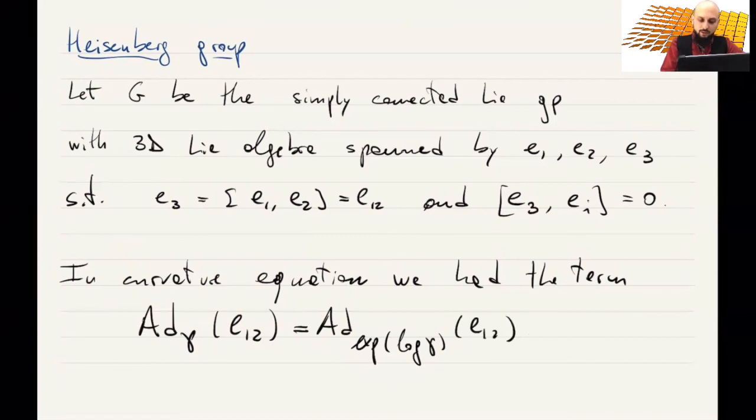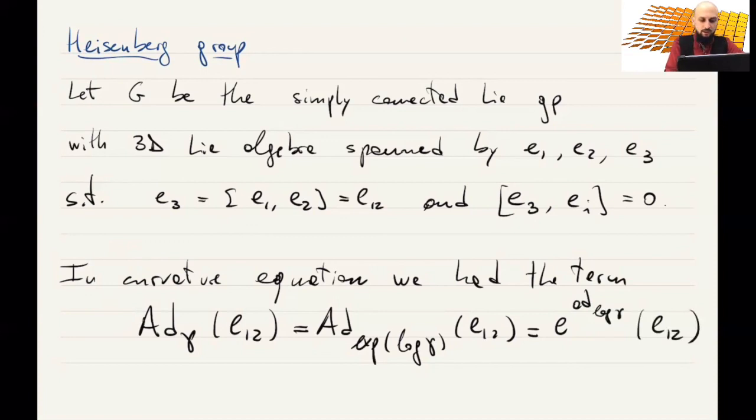And now we apply the property that links capital Ad and small ad, being the differential of capital Ad. So this is the matrix exponential e to the ad of log gamma applied to E12.